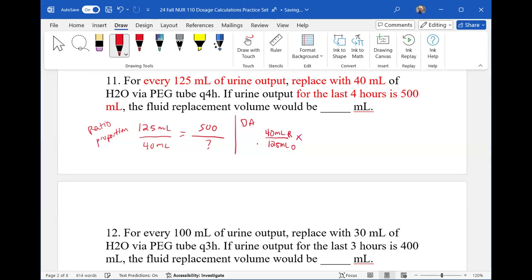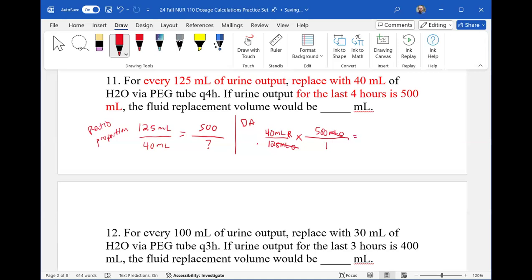What I'm trying to do is make a comparison where I'm getting rid of my actual output. The reason I sometimes get stuck on this, even when explaining it, is because everything's a milliliter. So what are you canceling out? That's why I put this little subscript O, because these two cancel out, and then we're left with the milliliters of our replacement volume.